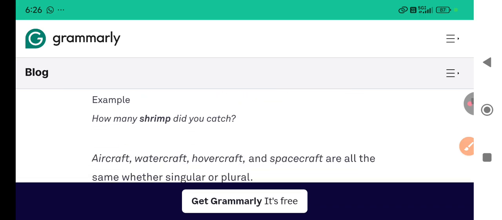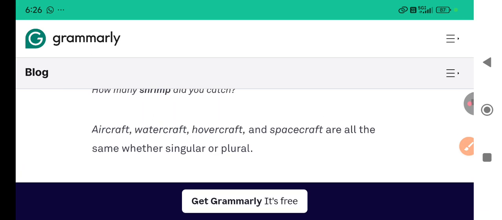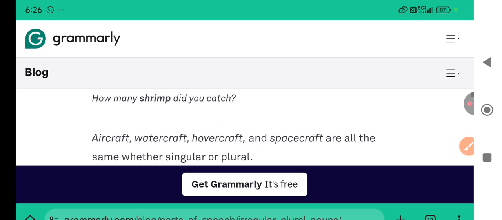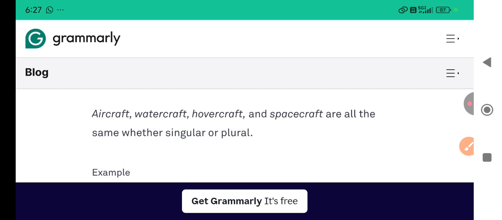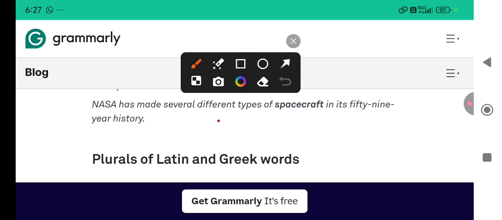How many shrimp did you catch? You should say, I have caught two shrimp. Aircraft, watercraft, hovercraft and spacecraft are also the same whether singular or plural. NASA has made several different types of spacecraft in its 59 years.